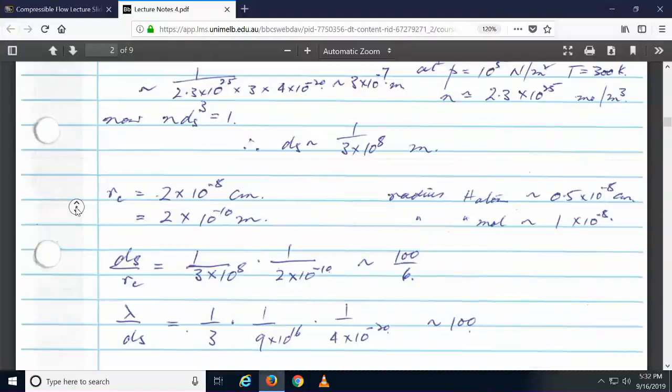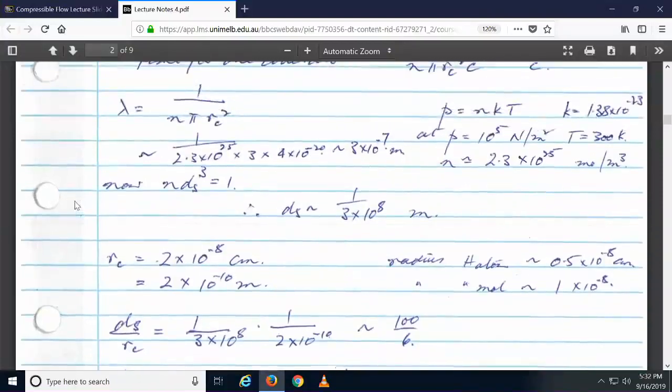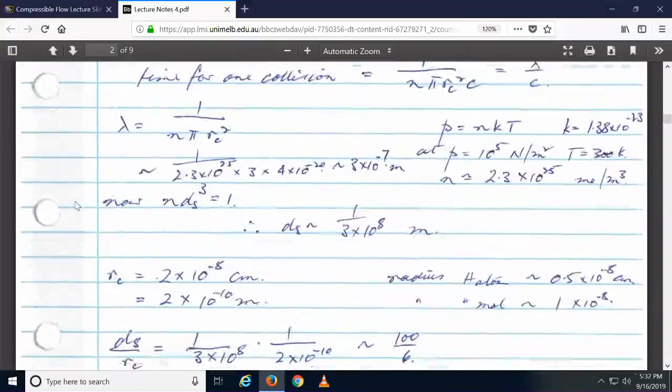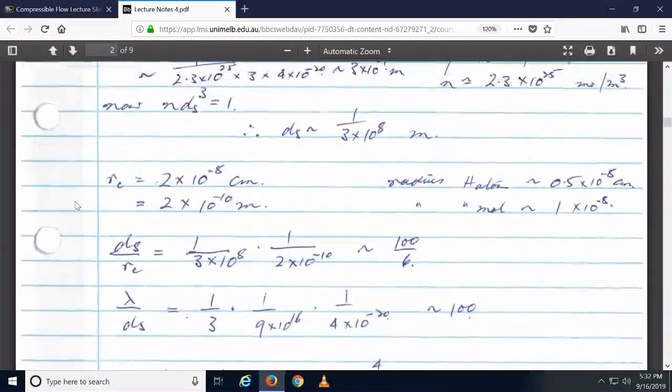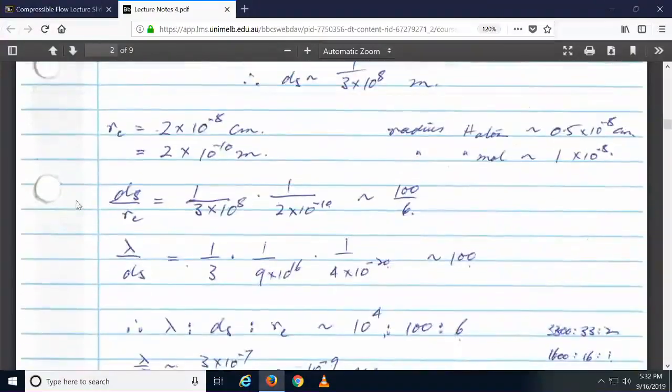And lambda, well, we worked out lambda divided by ds turns out to be about 100. So the mean free path is much, much longer than the distance between molecules. About 100 times larger.